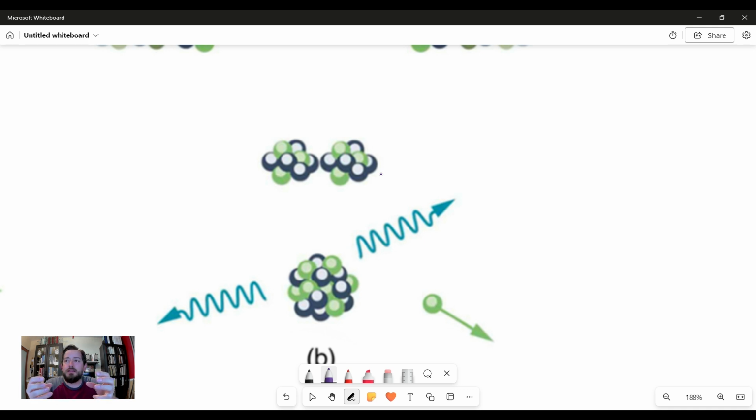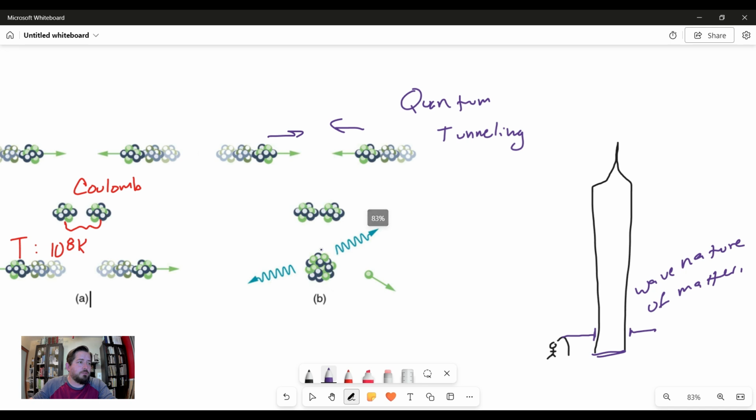But then they tunnel, and they overcome that barrier without having the energy necessary to do so. They tunnel through the barrier, become intertwined, and are now fused together. In that process, there's typically a neutron dumped out, and some photons, gamma rays, are also dumped out.